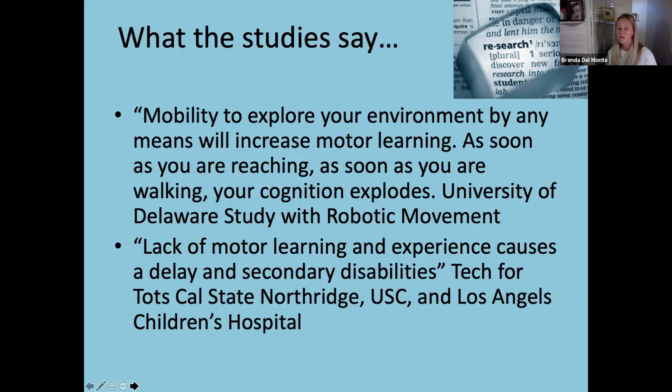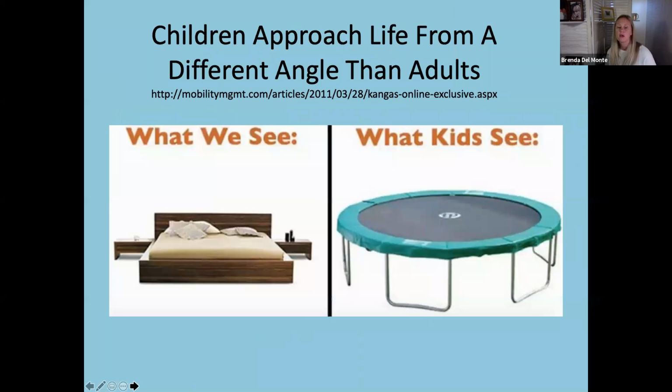And the lack of motor learning and experiences causes secondary delays. That's an interesting fact as well, that if we can keep kids moving independently at a younger age, we see less of a delay in all the other areas. So, you know, kids see things differently than we do.